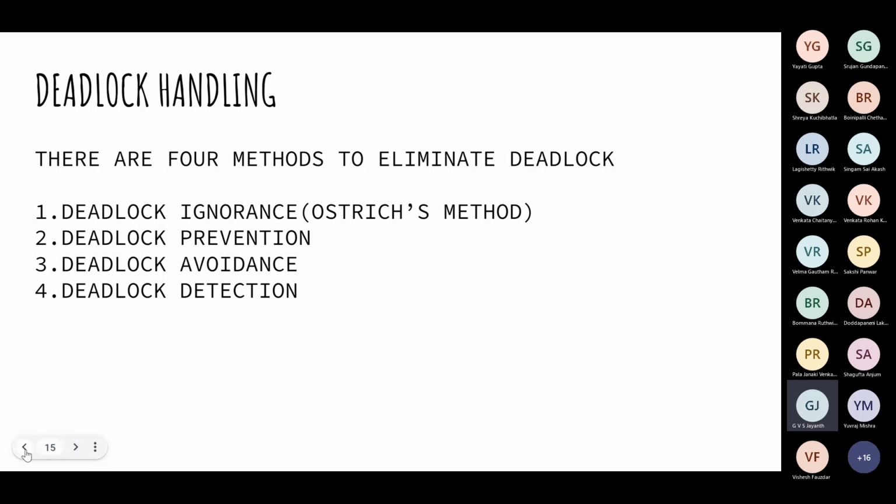So deadlock handling Drishti will handle. Okay, so there are four ways we handle deadlocks. One of them has already been discussed by Jayant, deadlock detection. I'll be covering the rest. So, the first method is deadlock ignorance. It is also called the ostrich method.